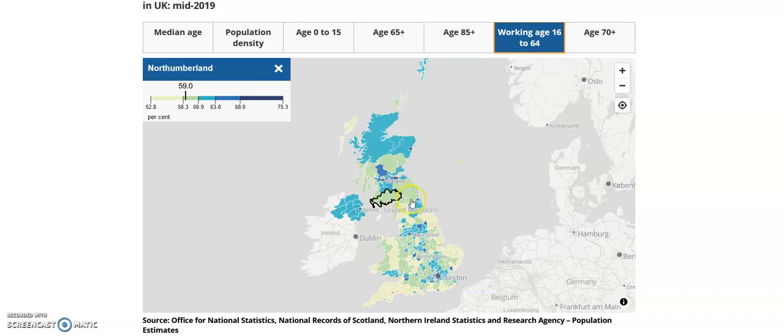If we look for example here, you see 57.5. It's just showing you the percentage of working population in different areas, and darker areas means a higher percentage of working population.